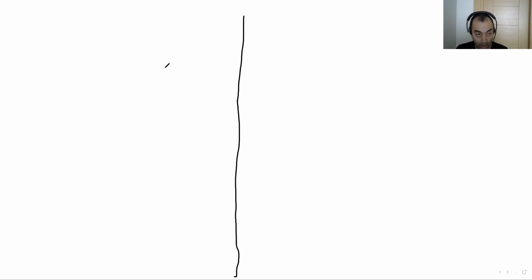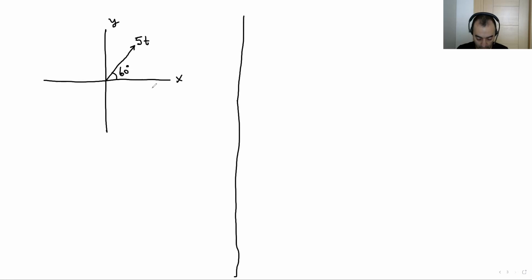Okay, we have again an XY system. As you can see, XY system. The forces are here. We have a 5 ton force here. Angle is 60. There's one more here, 20. And here the angle is 45.